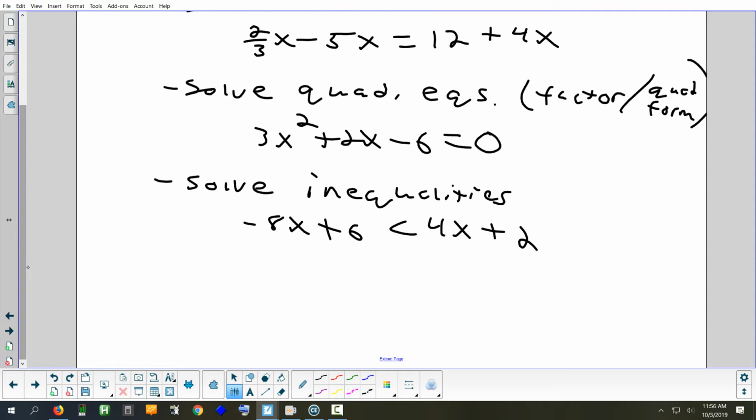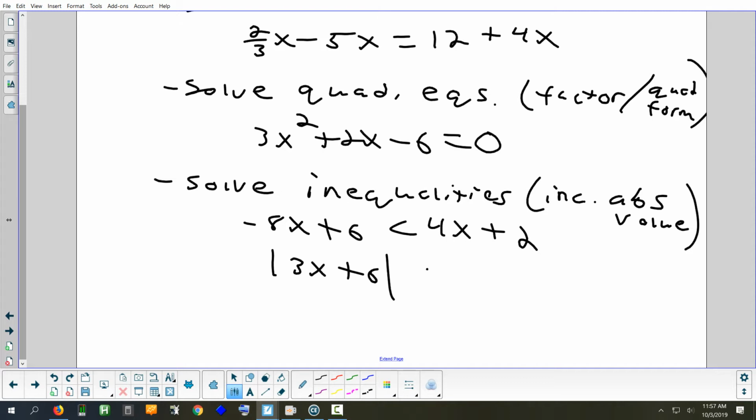Absolute value inequalities. So I'll just put including absolute value. That would be one like something like that. That's where you have to split it into two.